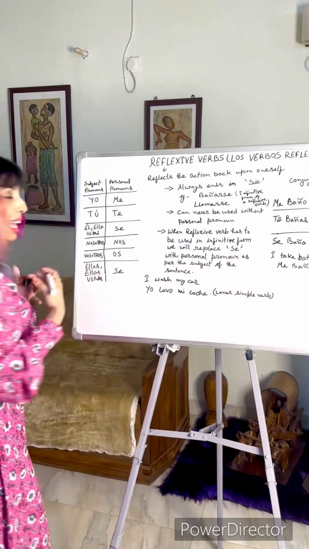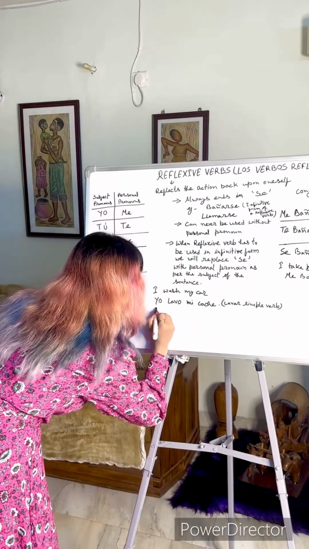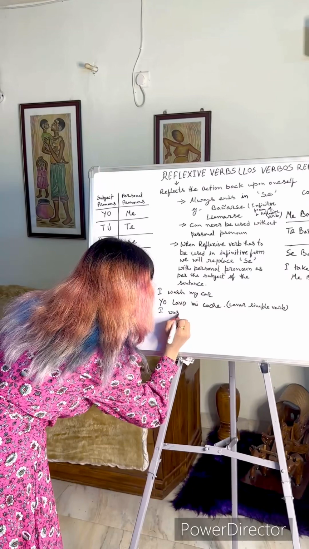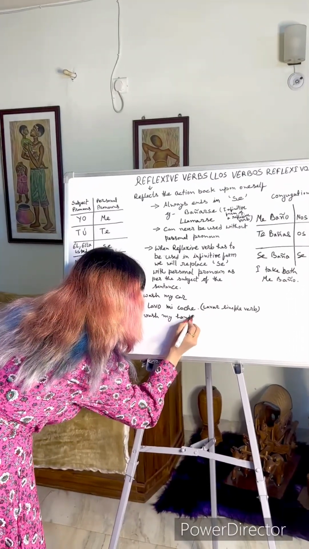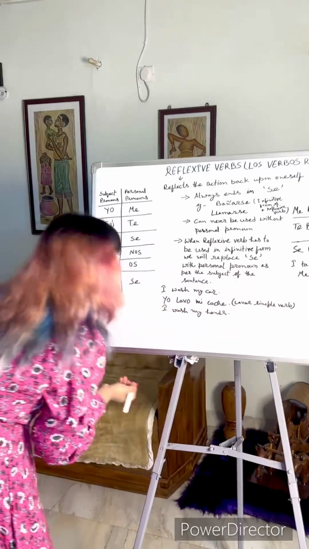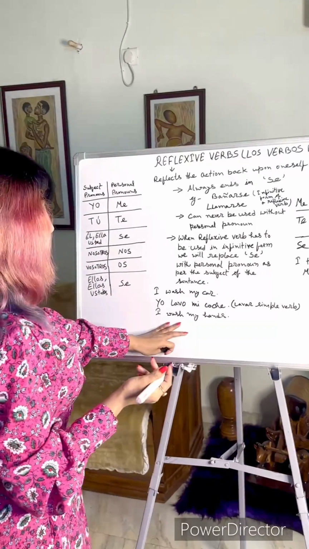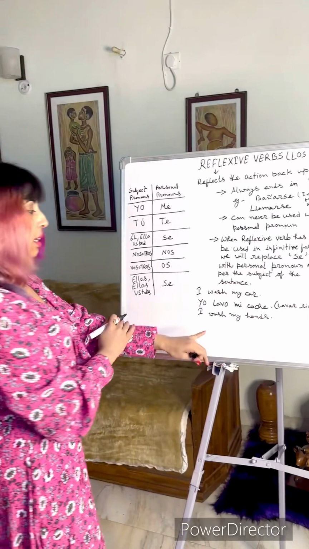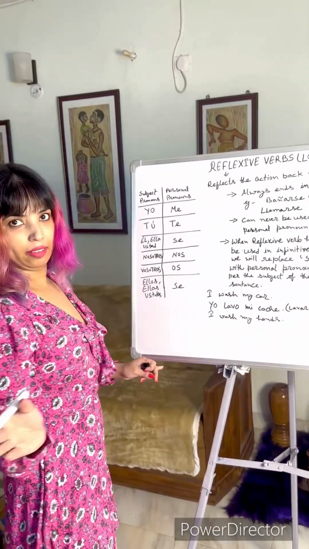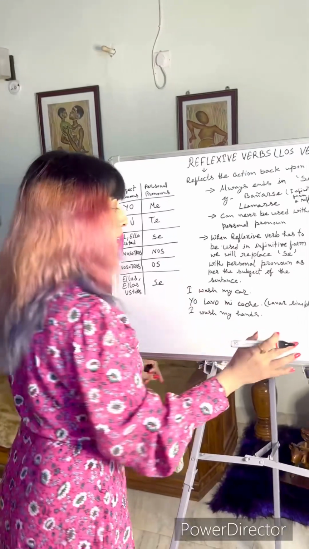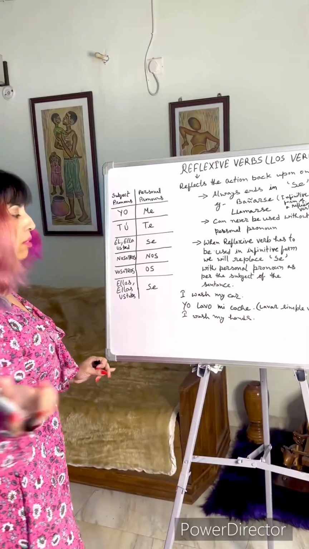But when I say I wash my hands, then, because I am washing my hands, now I am going to use lavar as lavarse, not as lavar. Lavar will become a reflexive verb.